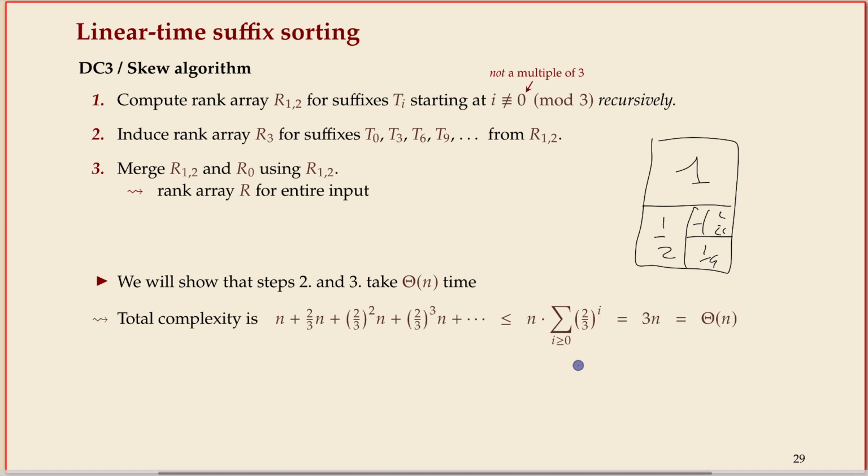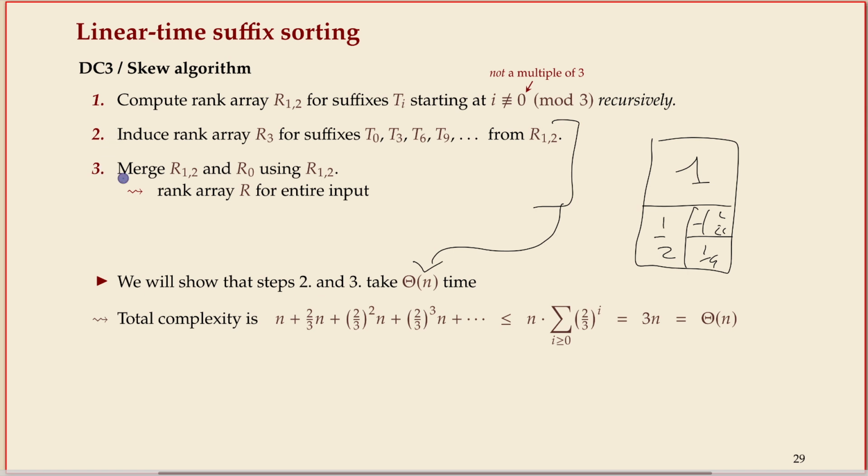You can upper bound this by going all the way to infinity with that sum, and that sum turns out to be 3. So you upper bound the overall cost by 3 times the cost of these two steps, assuming that they take linear time in their input size, which we'll have to show how to do. But if we can show that, then the overall algorithm also just takes linear time. So that's the easy part.